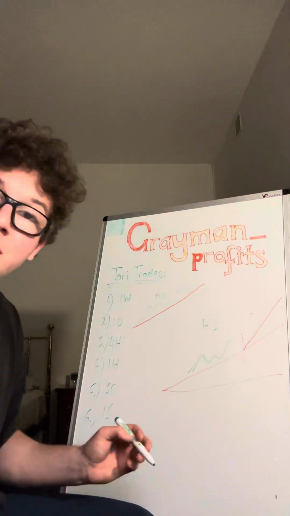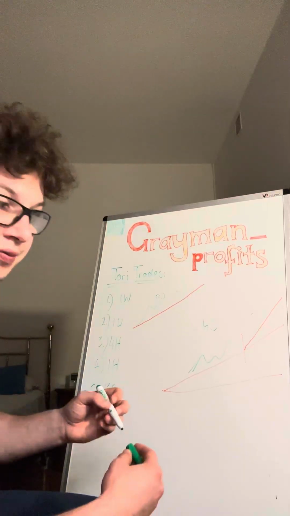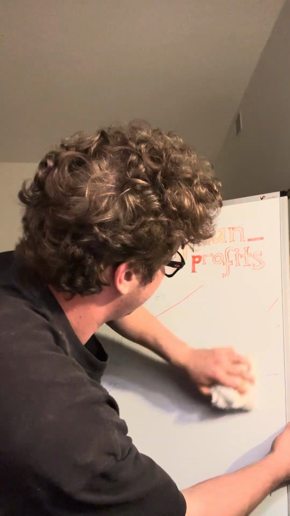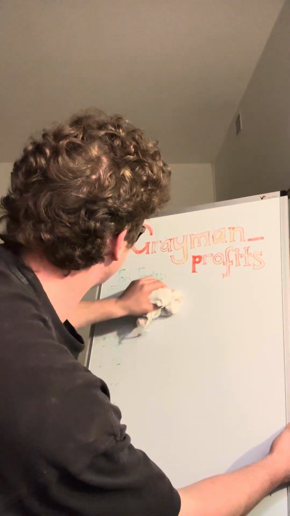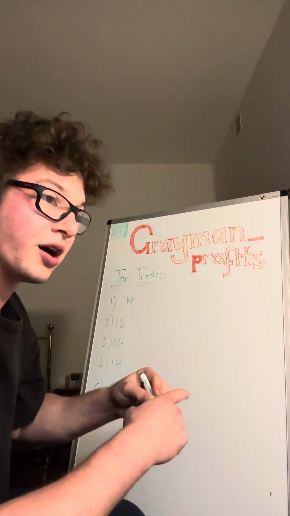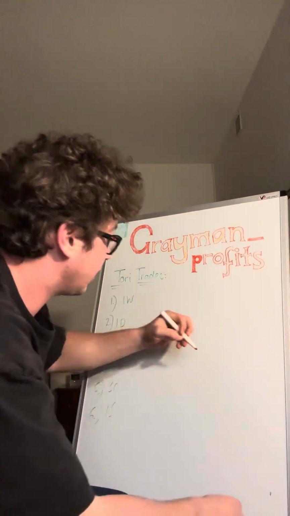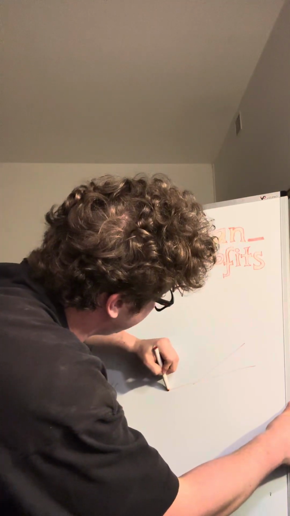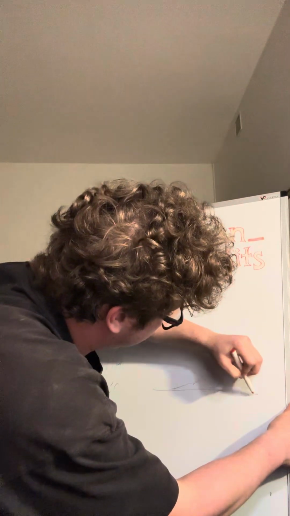But what you will eventually see is, let's remove this. Eventually, you will come across a situation where you have a series of lines that come out looking slightly like this.